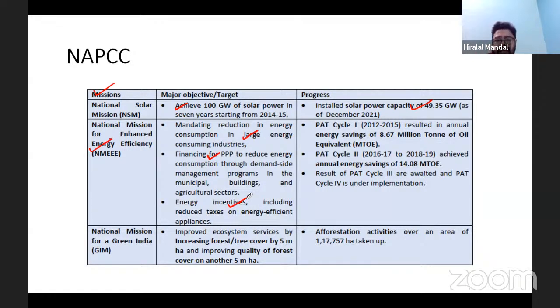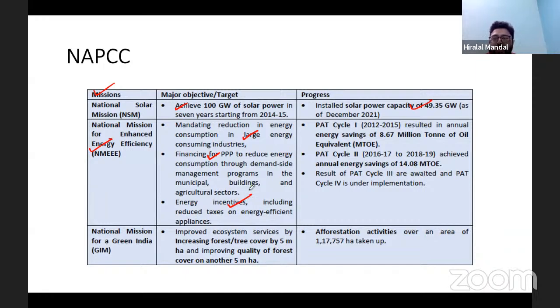The government has done reasonably well in bringing energy efficiency in the country. LED bulbs have been distributed on a large scale, and now the government has also focused on other appliances such as LED fans, which will also help in increasing energy efficiency.